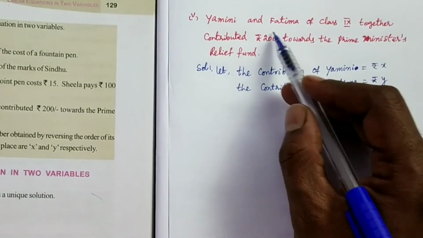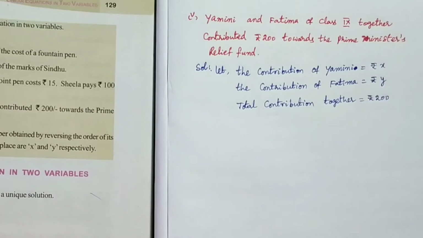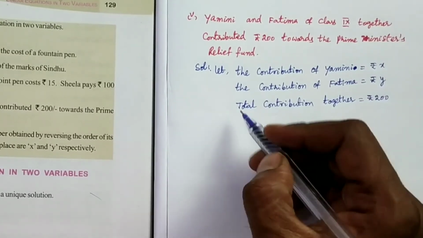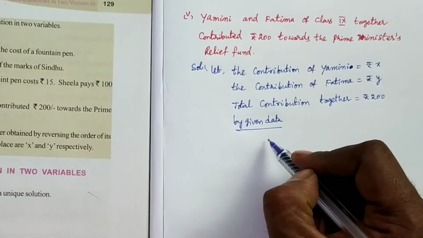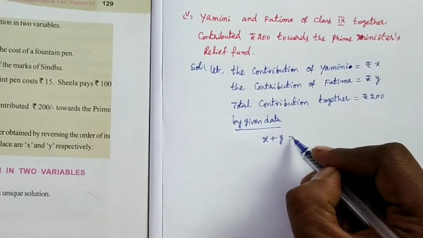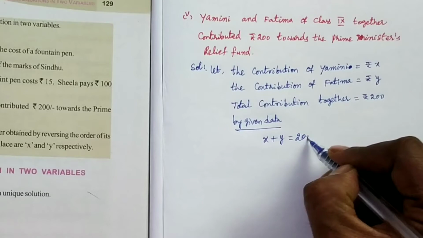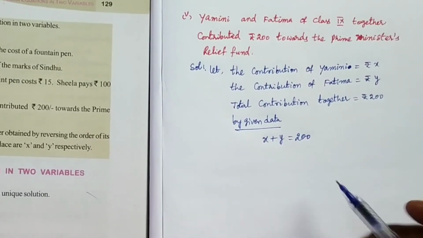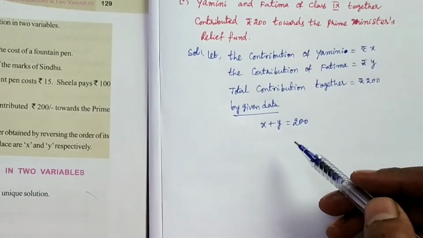Total contribution together is 200 rupees. So this is a linear equation in two variables.